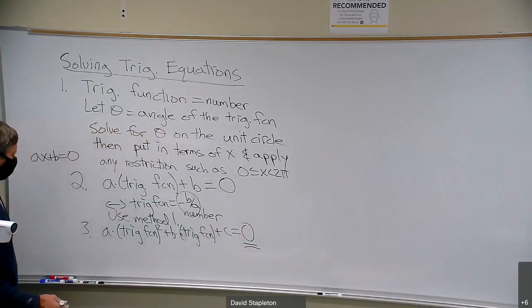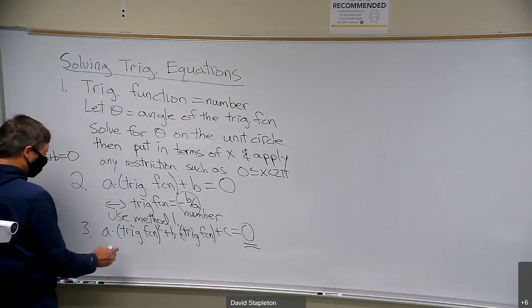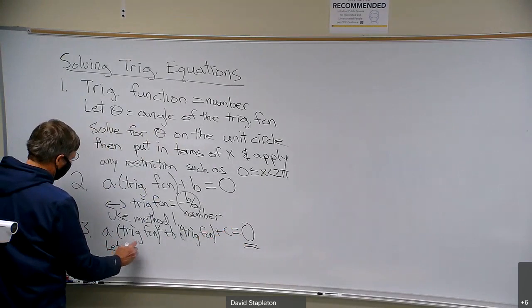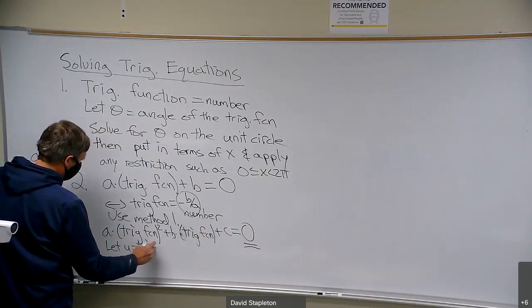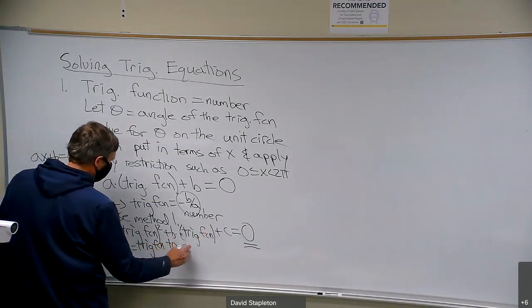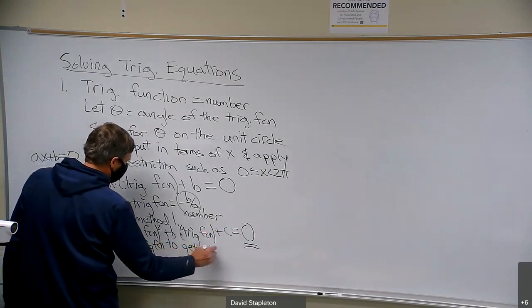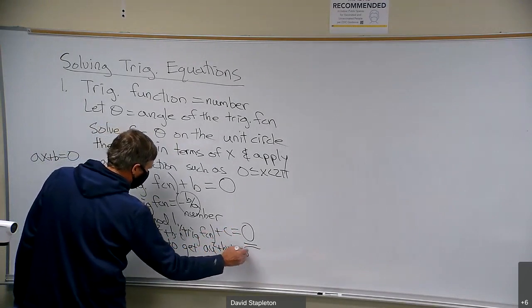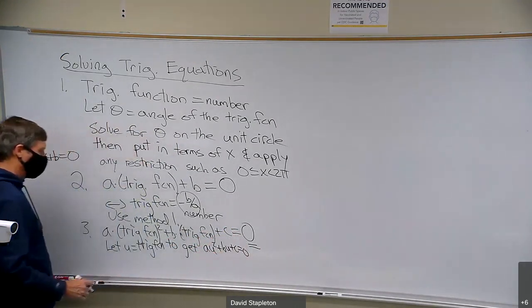In case you use the quadratic formula, you can put u equal the trig function to get a quadratic equation. au squared plus bu plus c equals 0, a quadratic equation in u.